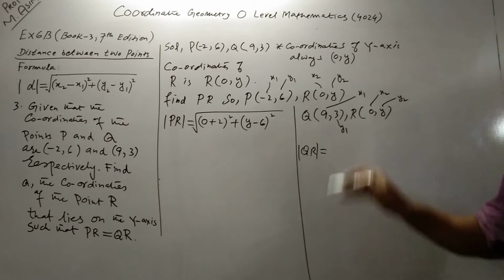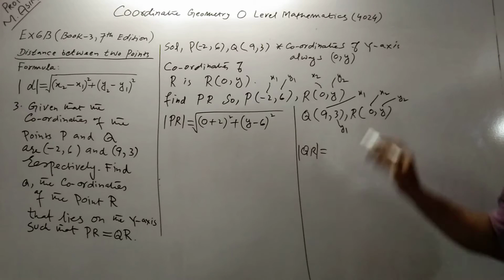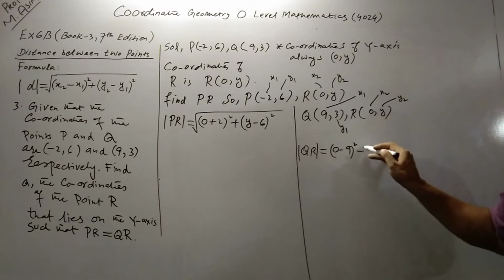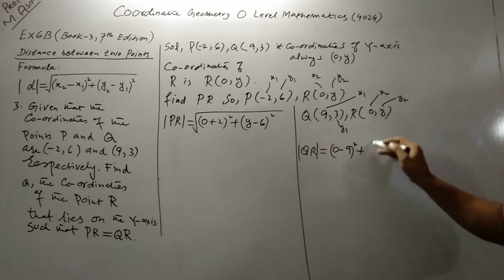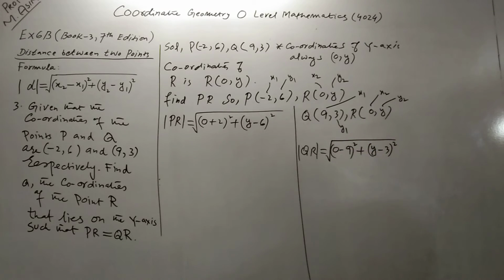Therefore the distance of QR is the square root of x2 minus x1 whole square, 0 minus 9 whole square, plus y2 minus y1, y minus 3 whole square.